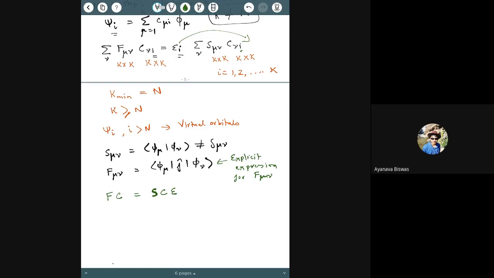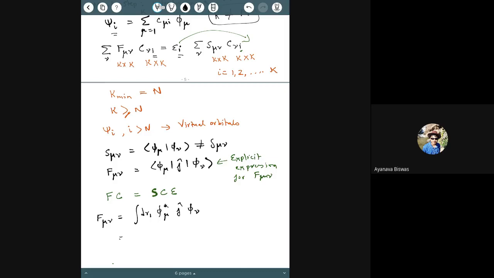Now let us talk about the expression for F mu nu. So we have said that F mu nu is the matrix element of the Fock operator between two basis functions.